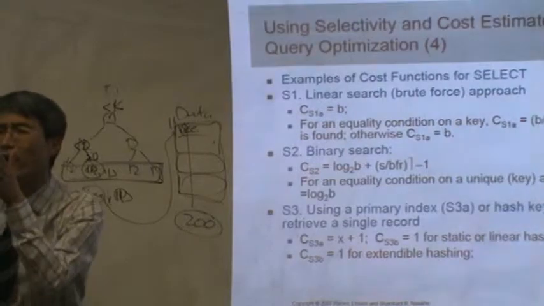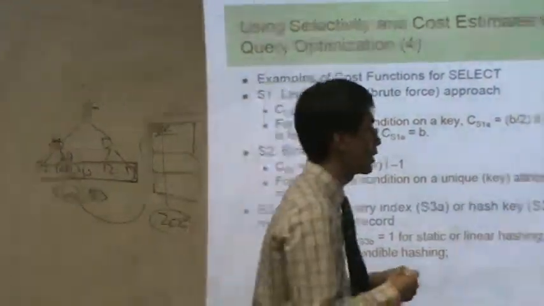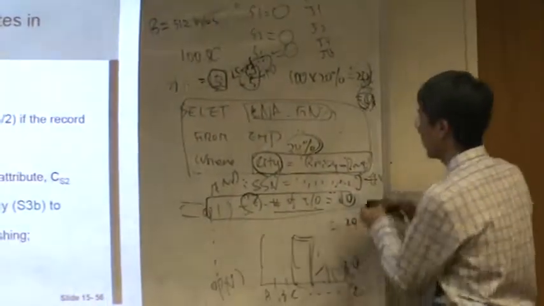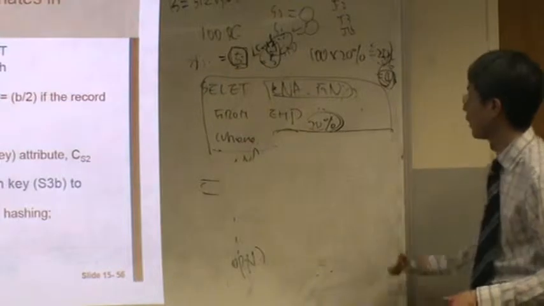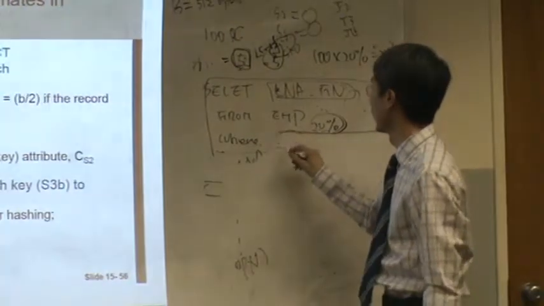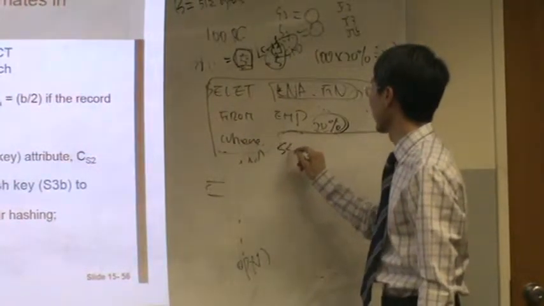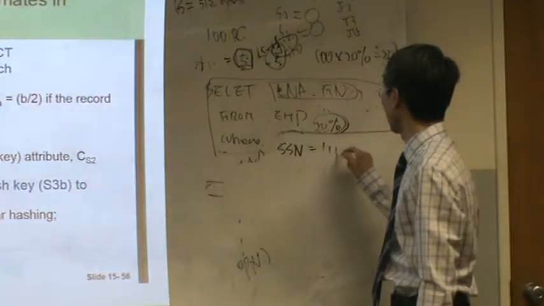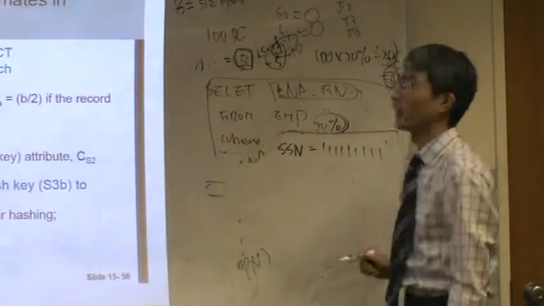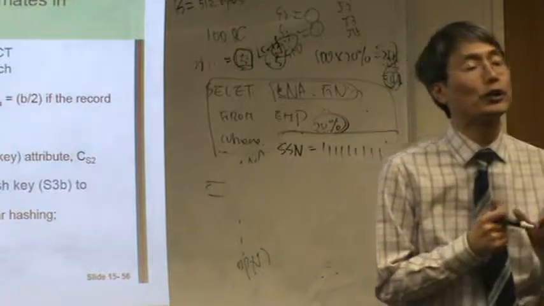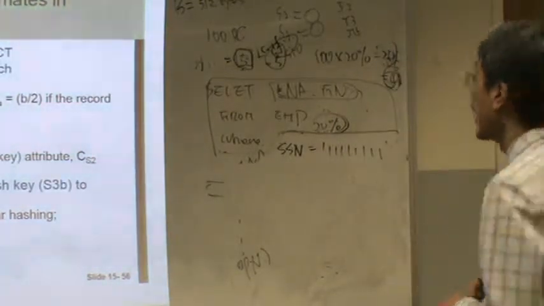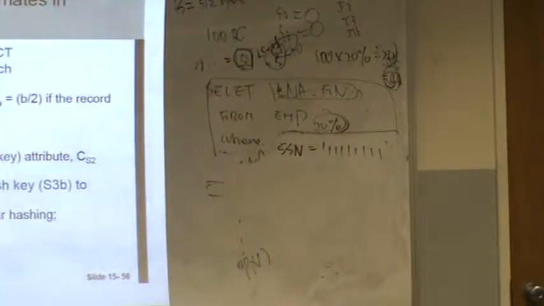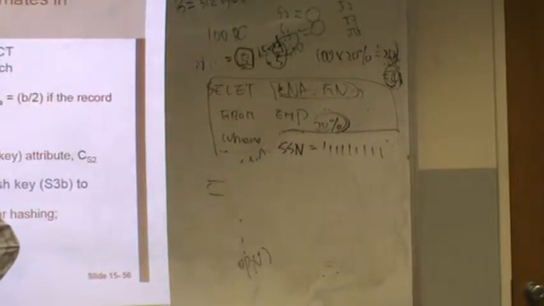However, that's slightly different if you are using a condition, for example, SSN 11111. At that time, if you want to use the brute force way, linear search, or full table scan, how many blocks do you need to access?